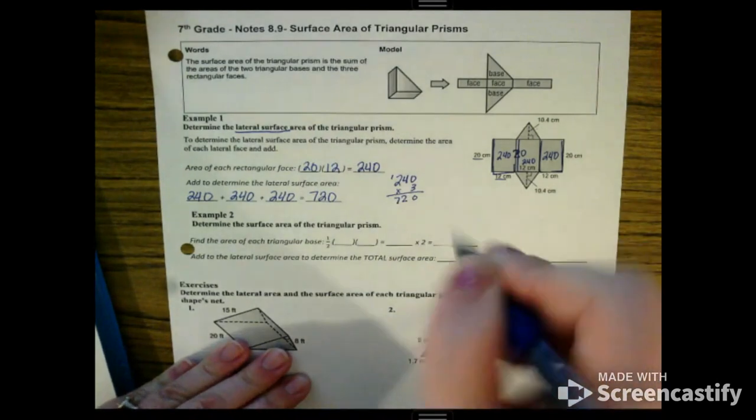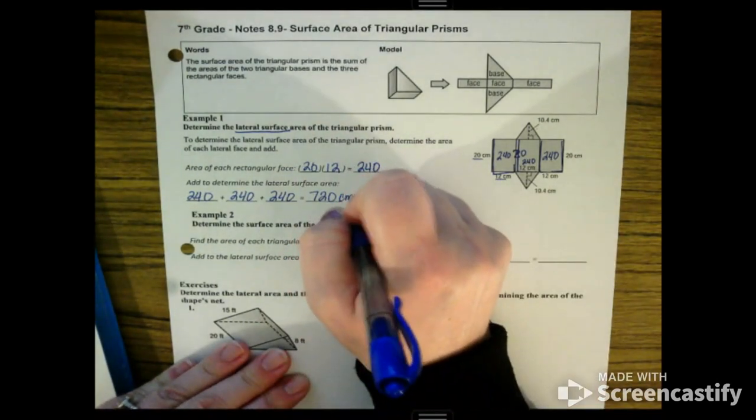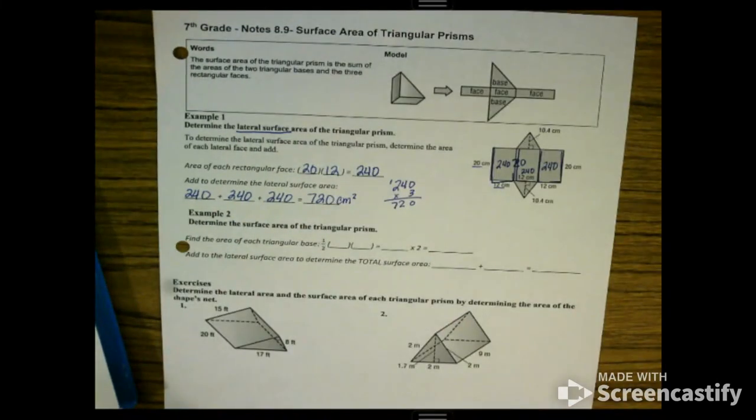So our lateral surface area is 720 centimeters squared. Area is always squared, so don't forget the square on the centimeter.